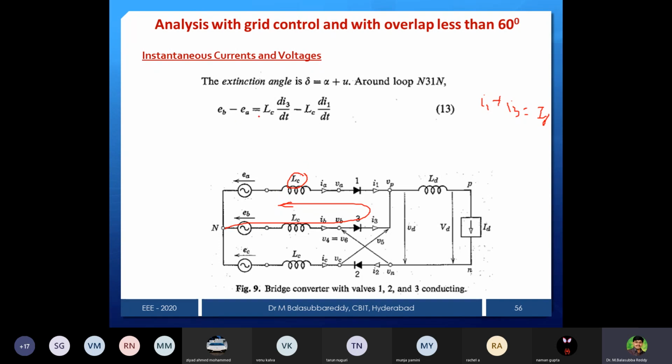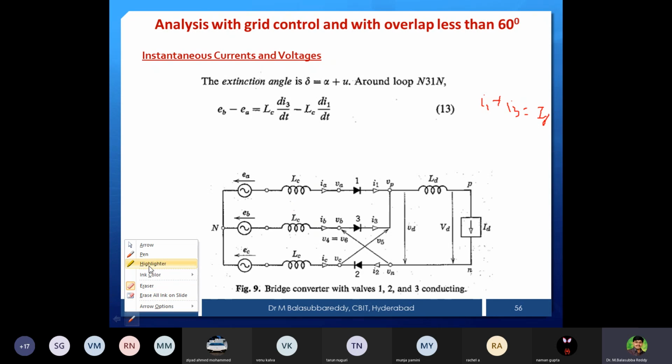Then LC di3 by dt minus LC di1 by dt, because for an inductor it is L di by dt. With that logic you can get it. Once you know that, you just simplify those expressions, and one relation is already known to you.